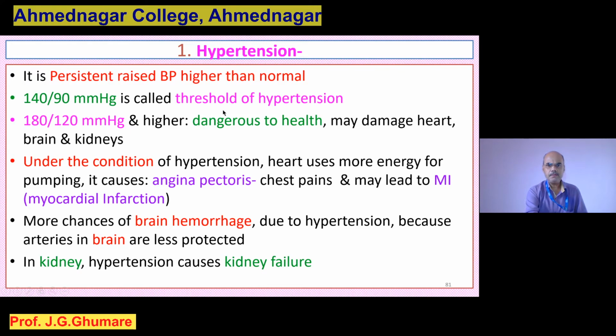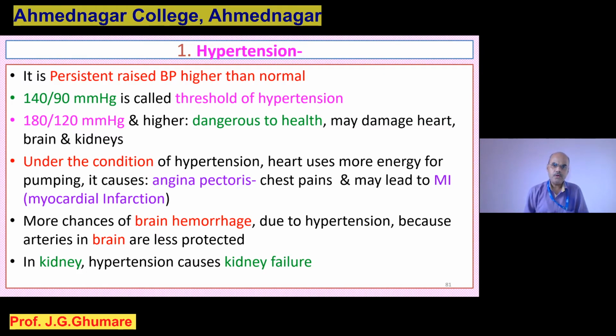So remember, the problem is called hypertension when persistent BP is 140/90 or more. I told you the extreme limit will be 180/120. I'm sorry, the upper limit will be 180/120 at a time. The damage will be to the heart, kidney, or brain, and these are the problems related to hypertension.